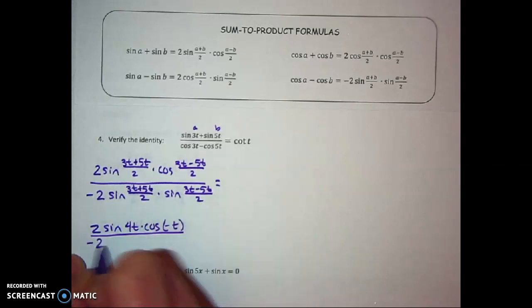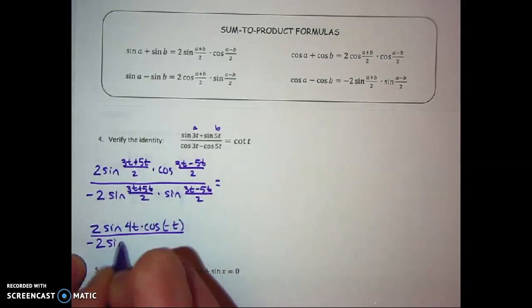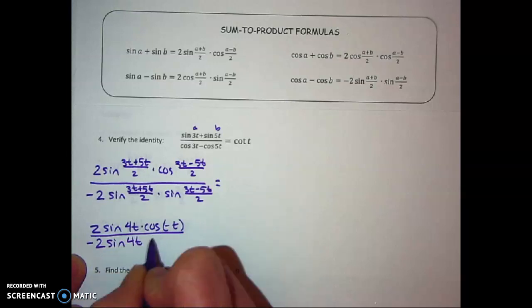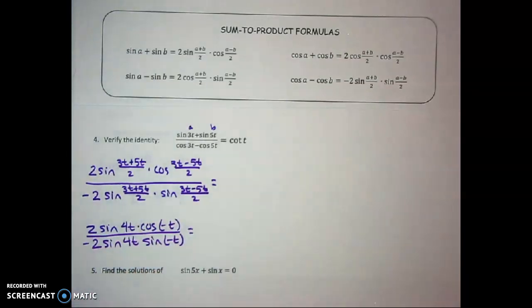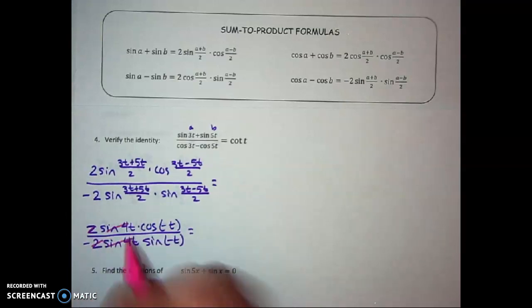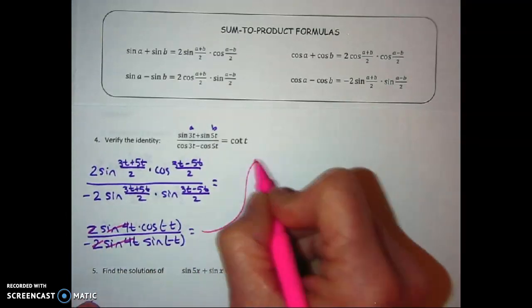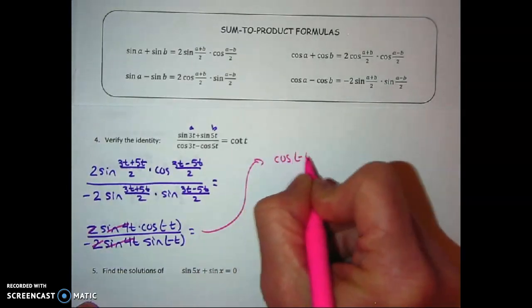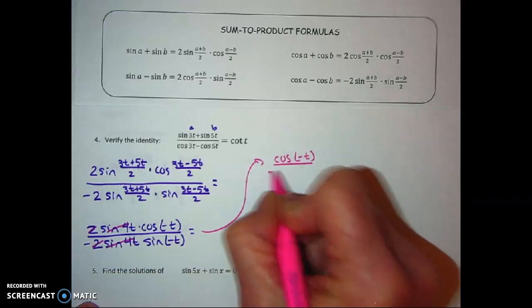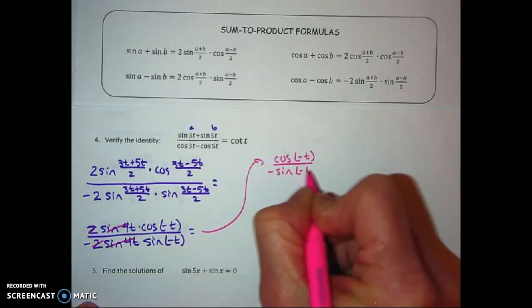And then the denominator, negative 2, again I'm going to have the sine of 4t and the sine of negative t. Hopefully you see and recognize we're doing nothing but multiplying, so my 2's can cancel and my sine of 4t can cancel. So this means I'm going to have the cosine of negative t over the negative sine of negative t.